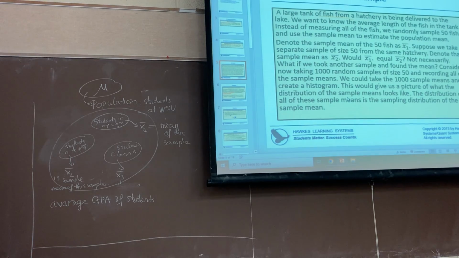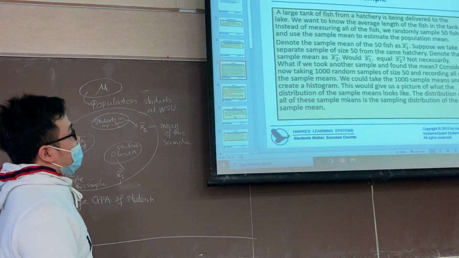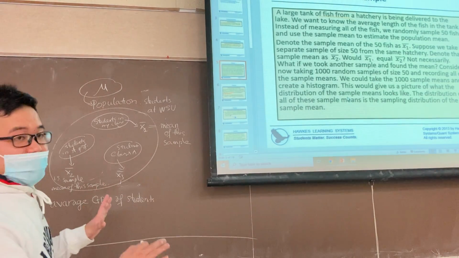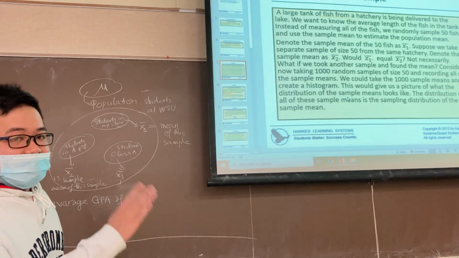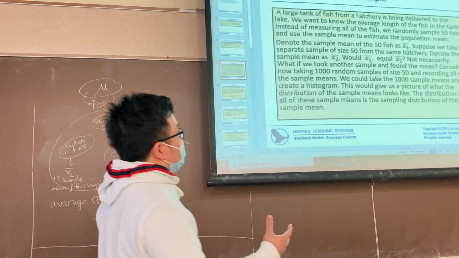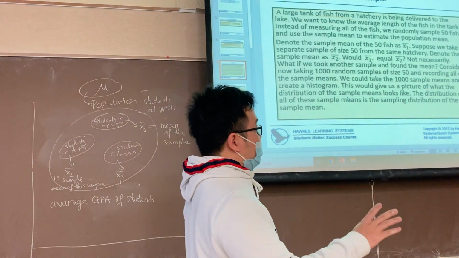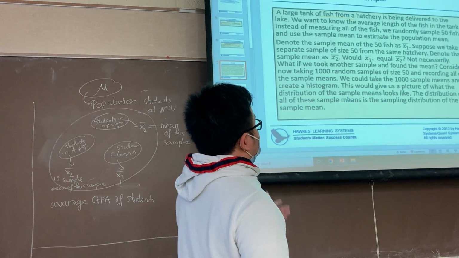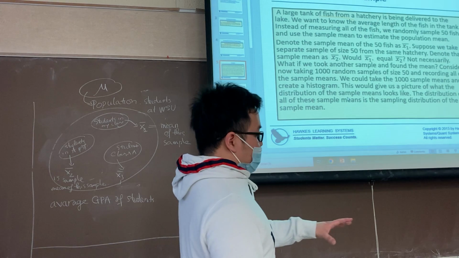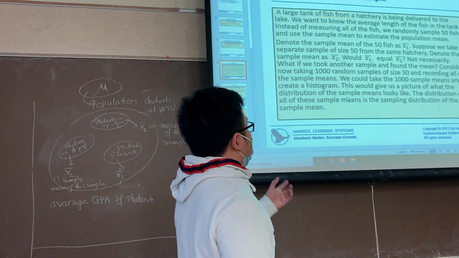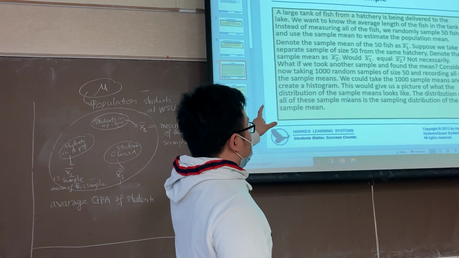Okay, I will give you an example. I will consider the population, the whole set of fish, that means all the fish in the tank, right? That's the population. And I want to choose a sample of 50 fish. I will take separate fish, 50 fish, and I will measure its mean, H1.